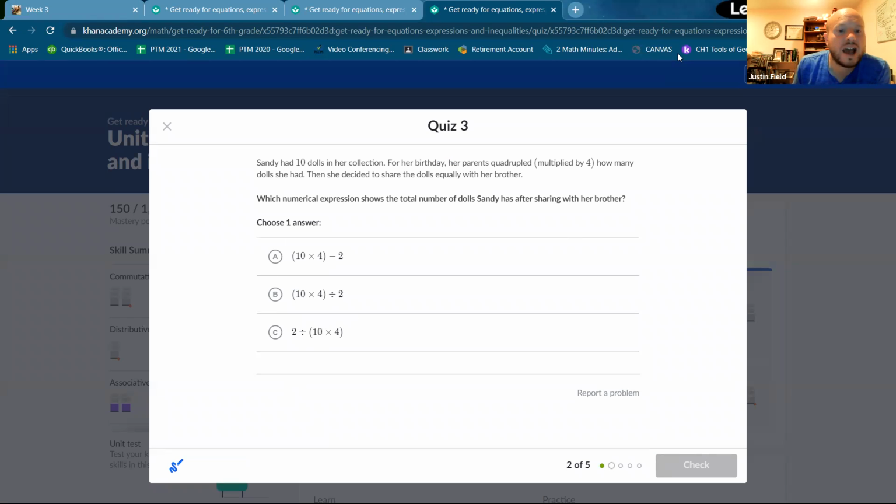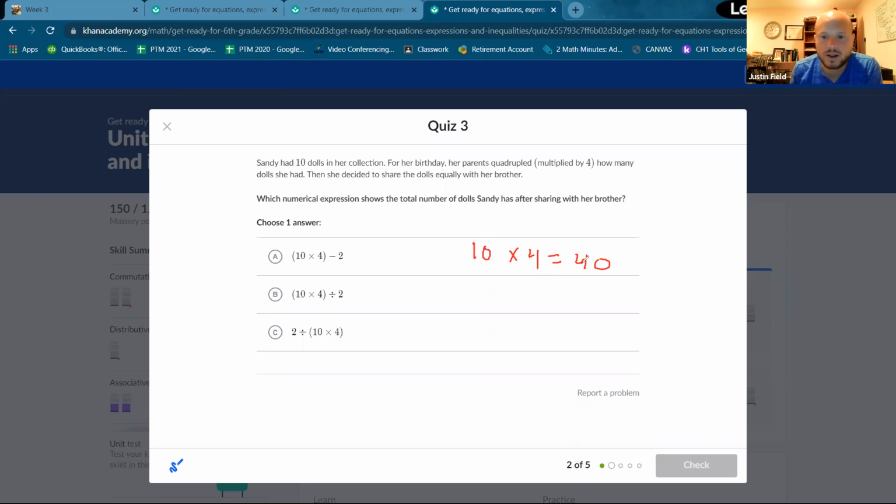All right, Sandy had 10 dolls in her collection. For her birthday, her parents quadrupled, multiplied by 4, how many dolls she had. Then she decided to share the dolls equally with her brother. Which numerical expression shows the total number of dolls Sandy had after sharing with her brother? Okay, so let's make sense of this. So she had 10, but then her parents quadrupled it.